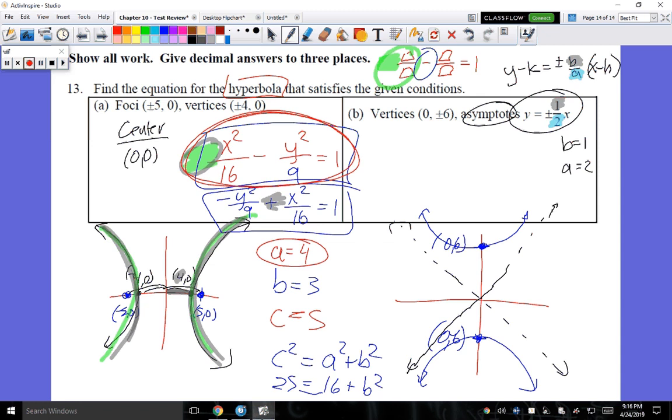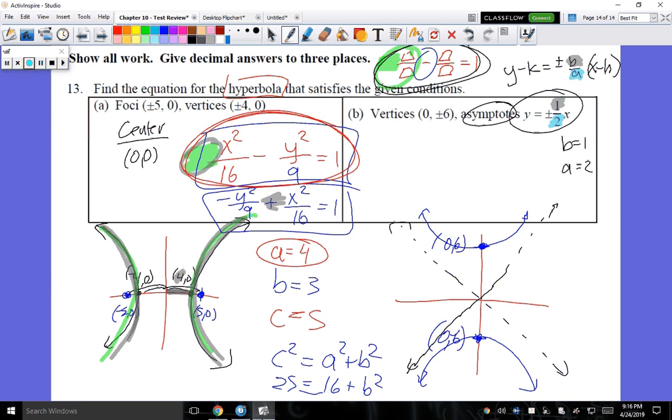So if b is 1 and a is 2, I can look at what it's going to look like over here in the standard form. Okay?